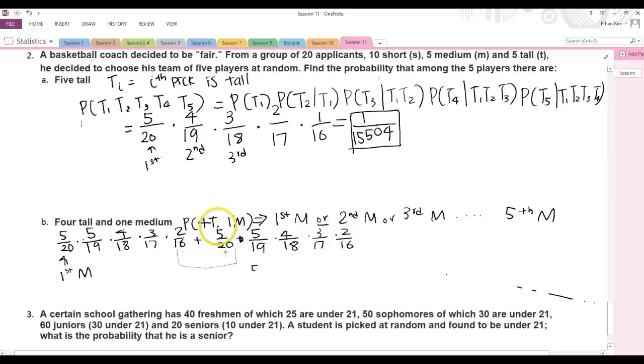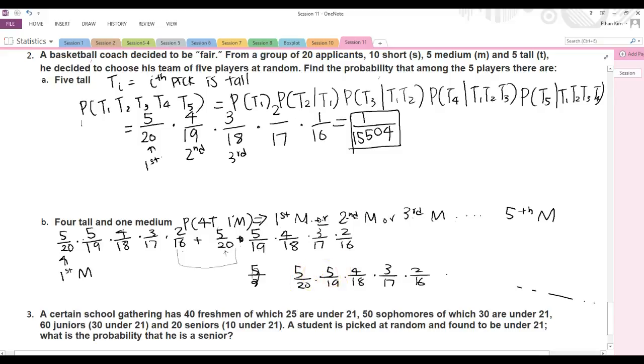So what we're going to do here is use one of these formulas, but we just have different options. We just have 5 options to place the medium. It could be first, second, third, fourth, or the fifth.